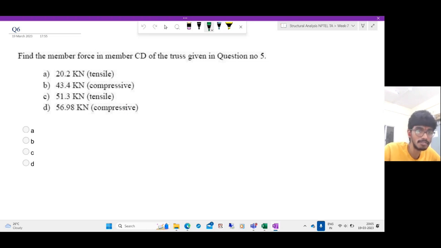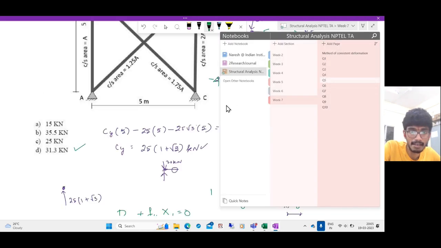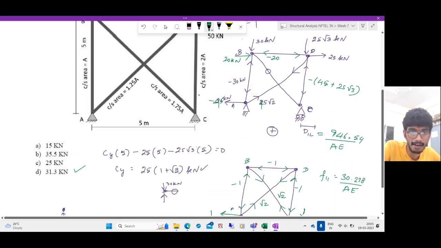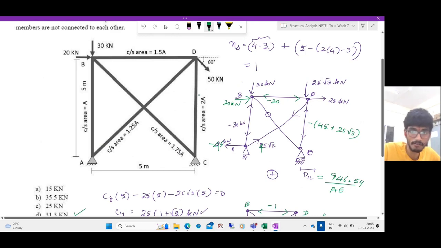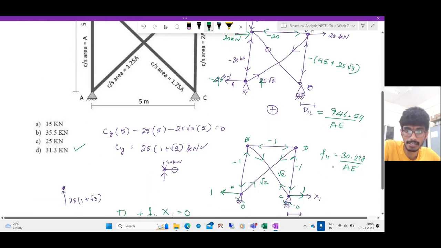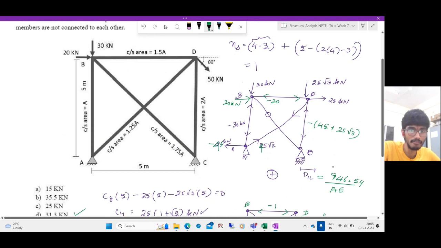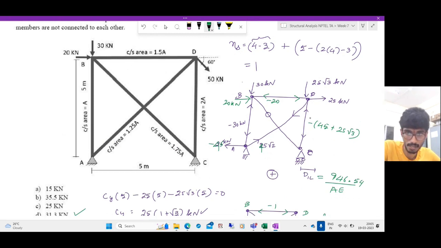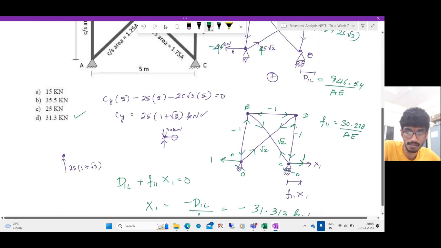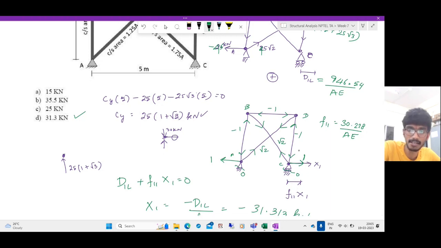Now we are asked to find out the member force in member CD of the given truss in question number 5. Once we have already determined the forces in the primary structure and also in the redundant structure, the member force in CD will be... So this is a perfect superposition. If you scale the unit load by magnitude x1, all the internal forces also get scaled by the same scale.